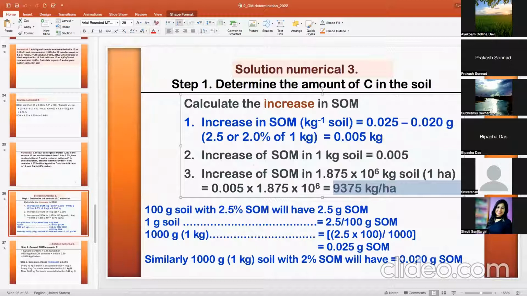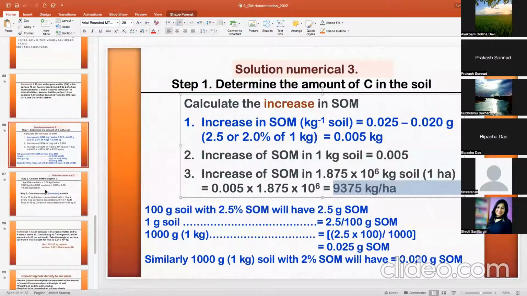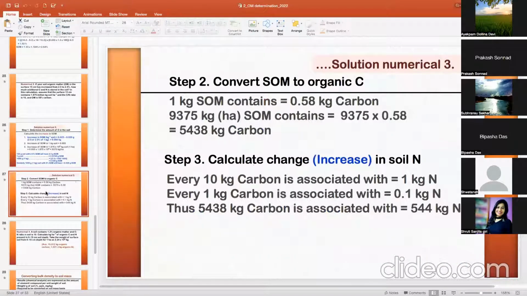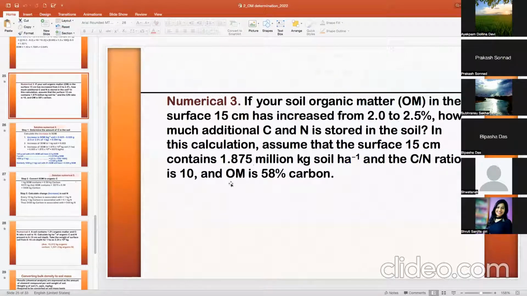Okay, I think it is a very simple thing you can understand. Now step 2 is to convert SOM to organic carbon, and then calculate the nitrogen. The CN ratio is given to us, and the carbon content in organic matter is also given. If you remember, in the question it was 58%: organic matter contained 58% carbon.